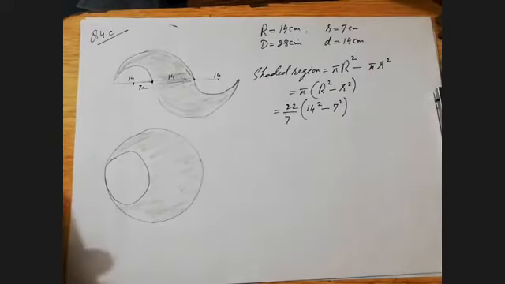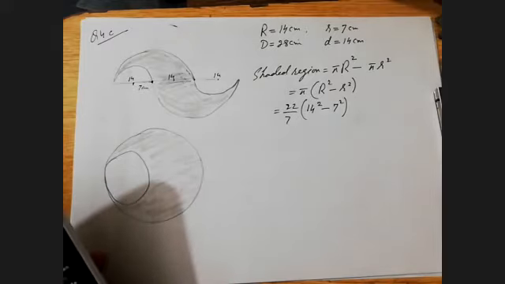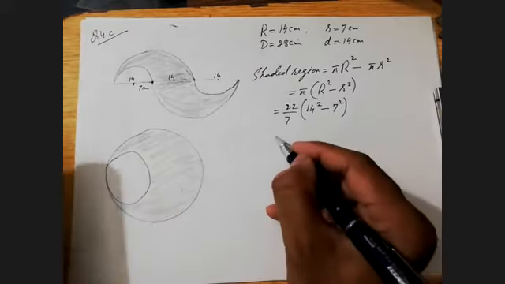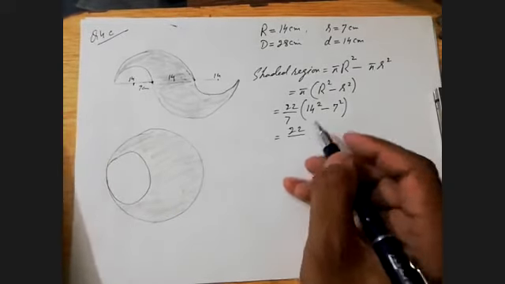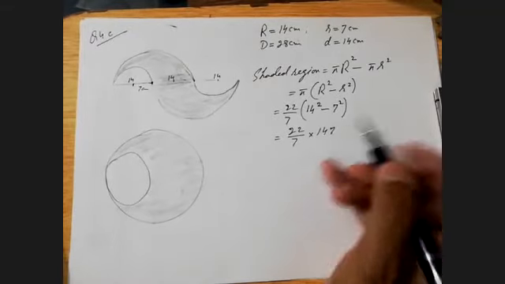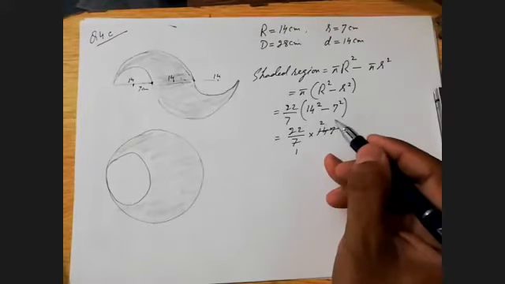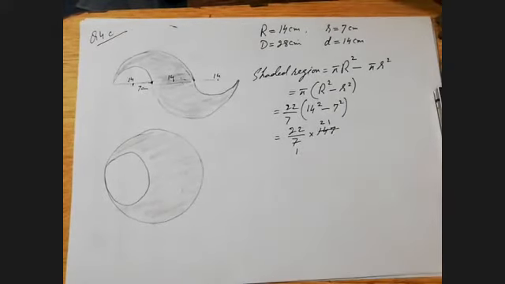Well, so here you can do the calculations very easily because these are very simple calculations. 22 over 7 into 147. 7 ones are 7, 7 twos are 14, and 7 ones are 7.